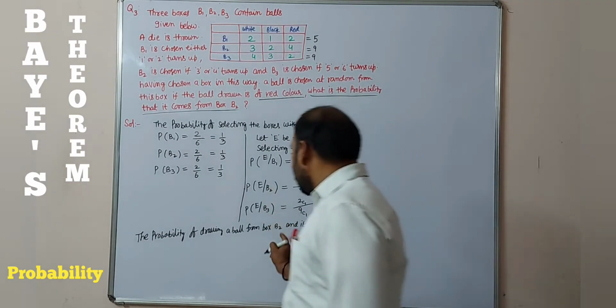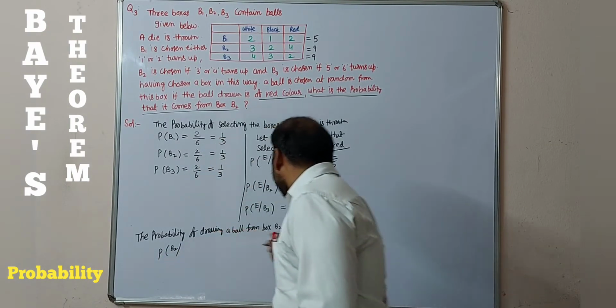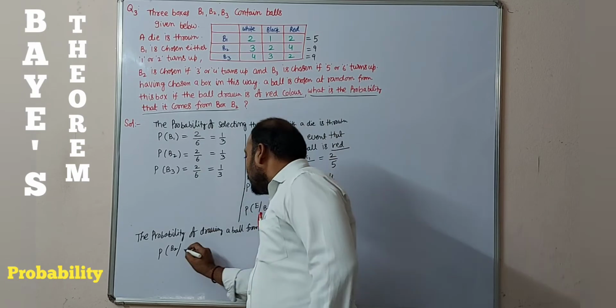So selecting the box is B2, P of B2, and red ball is the event E here.